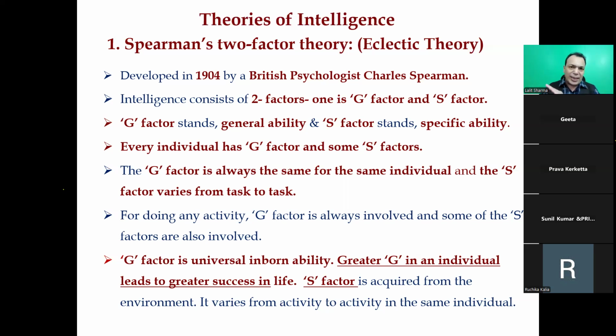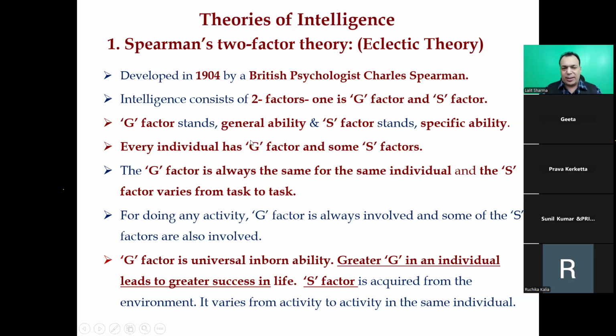G is in all individuals, it is a universal inborn ability. Greater G leads to greater success in life, and whatever work the person has to do, the G factor is involved and the S factor is involved. S means specific factor.